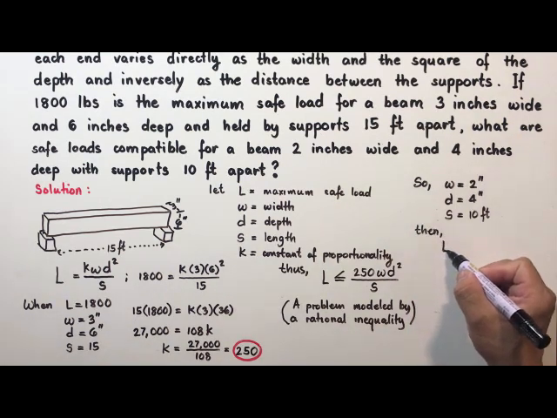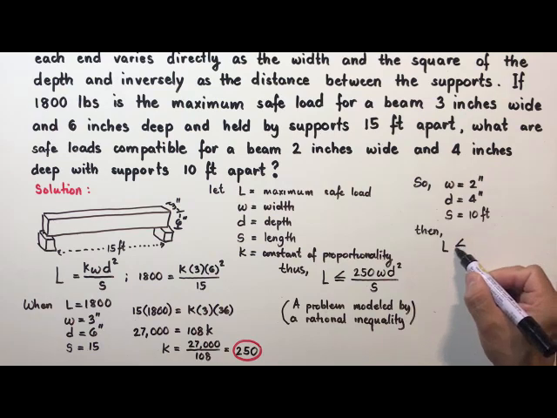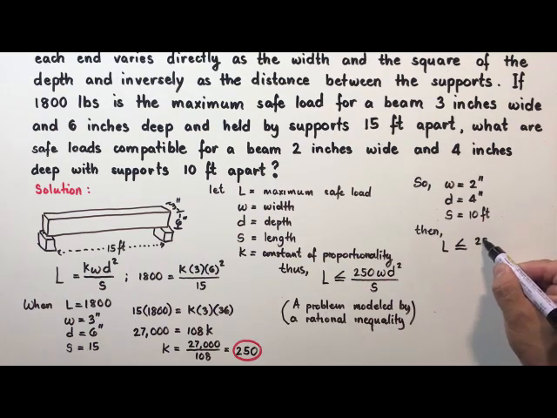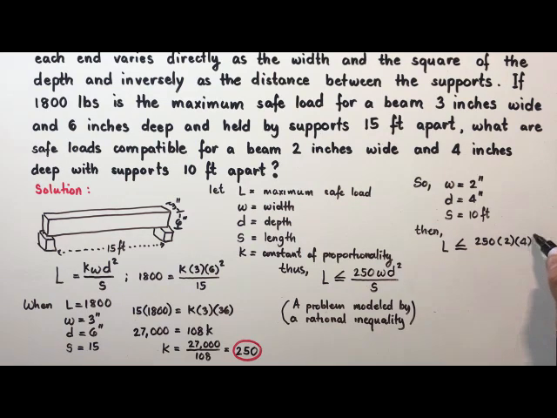The load is less than or equal to 250, the constant of proportionality, multiplied by 2 times the depth of the beam, which is 4, but we need to square it, divided by 10, which is the distance between the two supports.